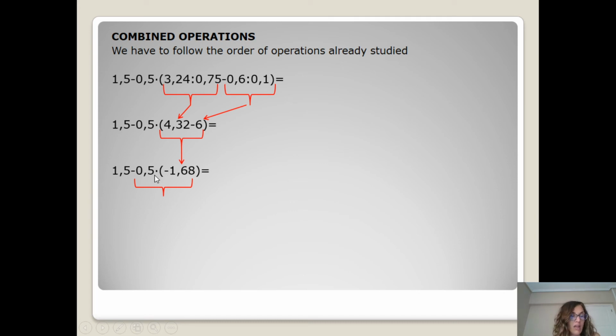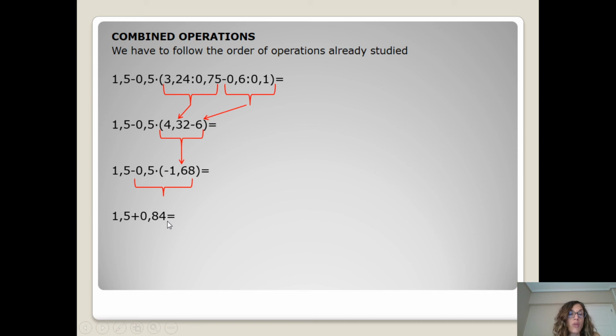Both are okay. In this case, if I take into account that we have a negative number, minus 0.5, which is being multiplied by minus 1.68, I have a positive number, plus, and 0.5 times 1.68 is 0.84.